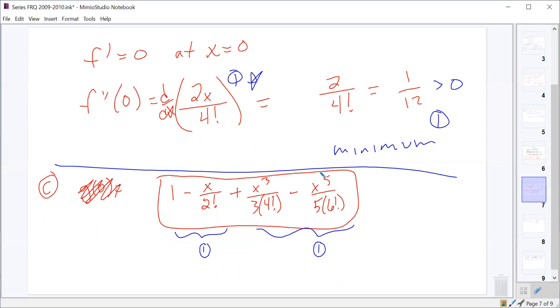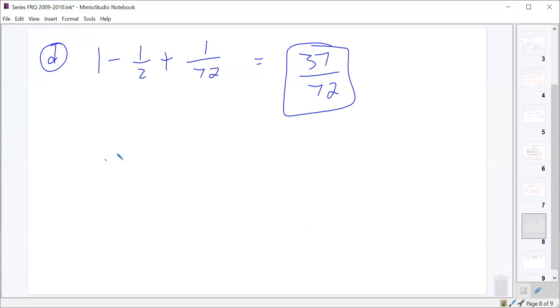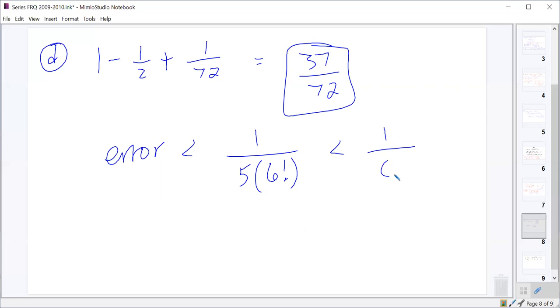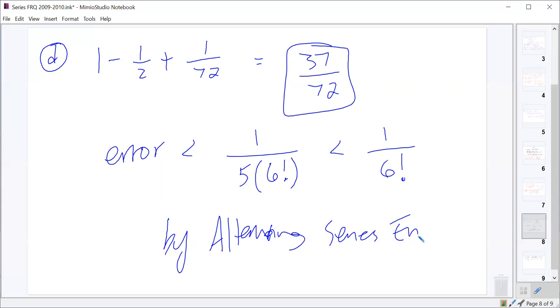And so that should tell us that our error should be less than 1 over 5 times 6 factorial, which is most definitely less than 1 over 6 factorial by the alternating series error bound.